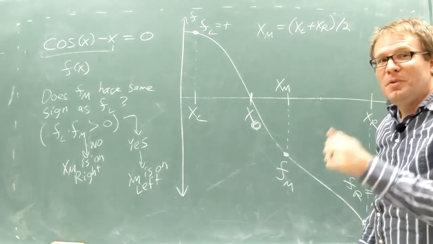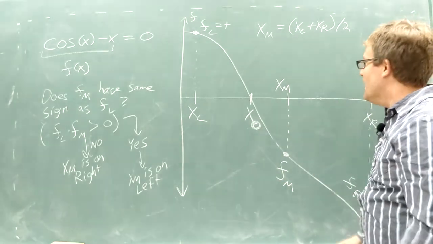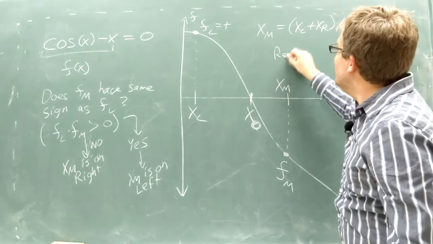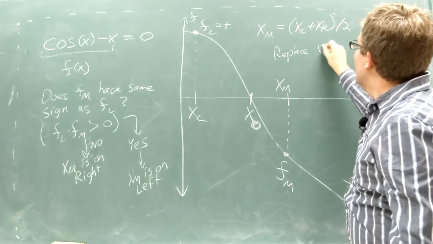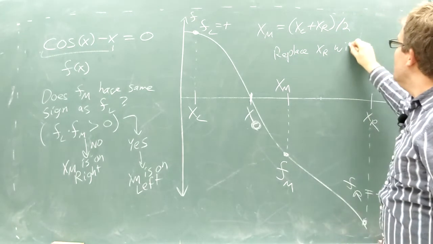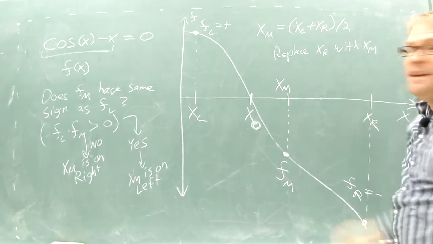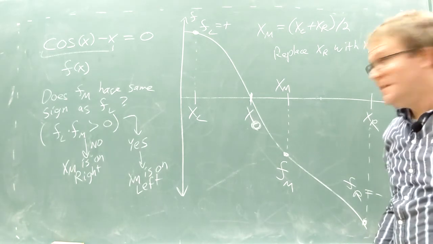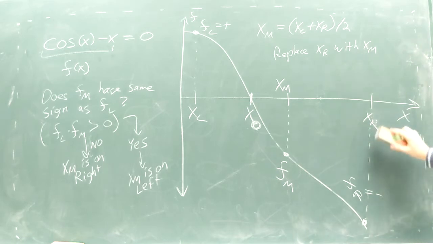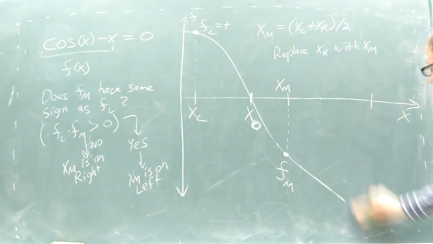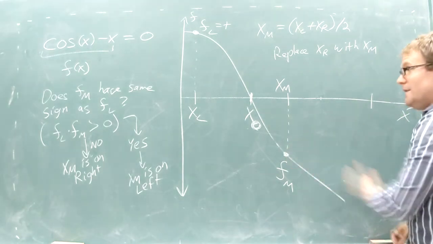So here's the important part. Now what I do is I'm going to replace x right with the new xm that I just calculated. In other words, I'm not going to worry about this x right anymore. I'm going to overwrite that because I know the root is not out here.